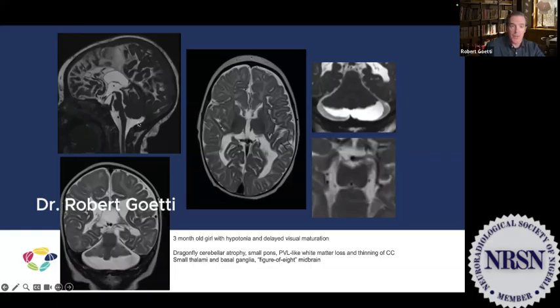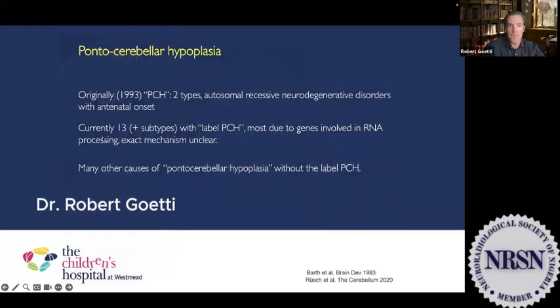If you look at the cerebellar vermis, the vermis actually looks normal, but the cerebellar hemispheres are small. And you can almost see here where the normal outline of the cerebellar hemispheres should be. So this is the dragonfly pattern of cerebellar atrophy. You can see also the pons is very small. So in this case, we are actually dealing with a form of pontocerebellar hypoplasia.